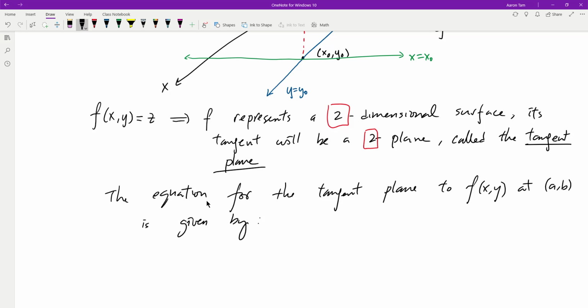Oh, I'm sorry, wrong word here. The equation, that's what I want to say. The equation for the tangent plane to f of xy at AB is given by this formula.